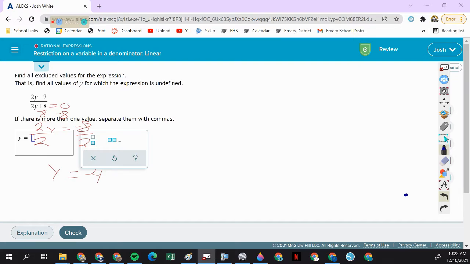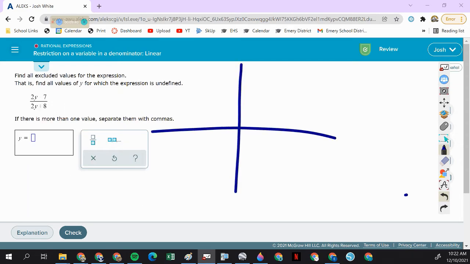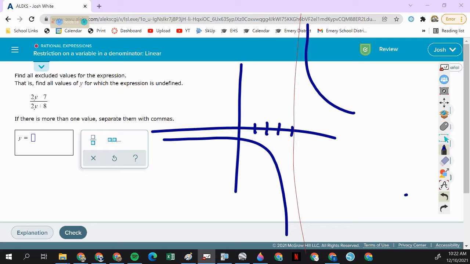So if you look at the graph of this, at 4, it's going to look like this, and it could also be negative. If 0 is negative, then it would be negative infinity. Yeah, I know that's confusing. So if you look, there is no graph at 4.